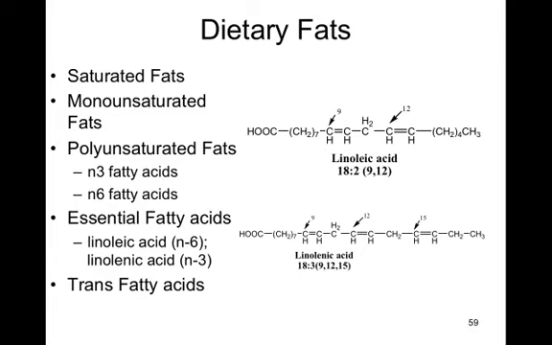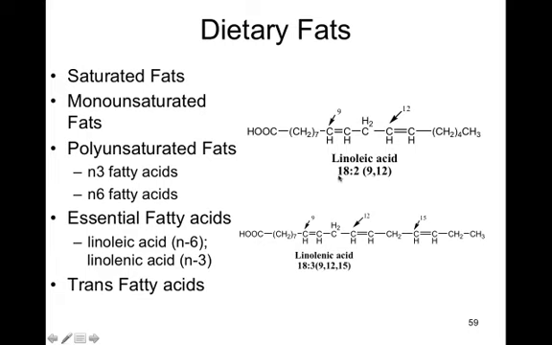The human body is capable of producing all the fatty acids it needs except for two, linoleic acid and linolenic acid. Linoleic acid is an omega-6 fatty acid. Linolenic acid is an omega-3 fatty acid, and we'll see what these numbers and names exactly mean.